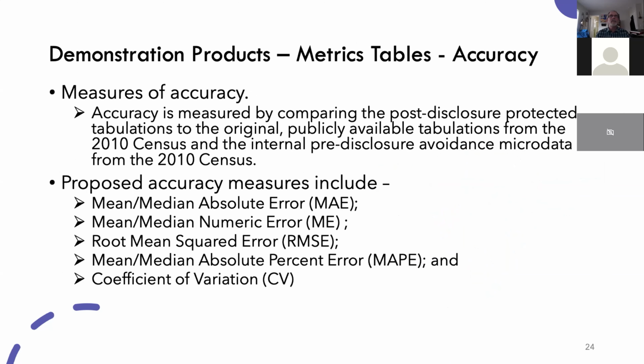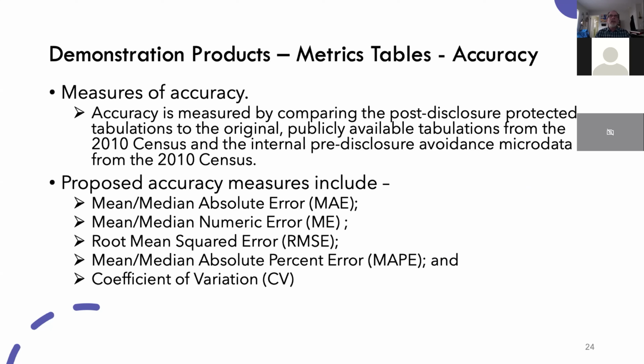Okay, so for the metrics tables, for the accuracy portion, the Census Bureau has released the measurements of accuracy, and the way they measure the accuracy is by comparing the post-disclosure protected tabulations for each of the runs that they do to the original publicly available tabulations from the 2010 census and the internal pre-disclosure avoidance microdata from the 2010 census.